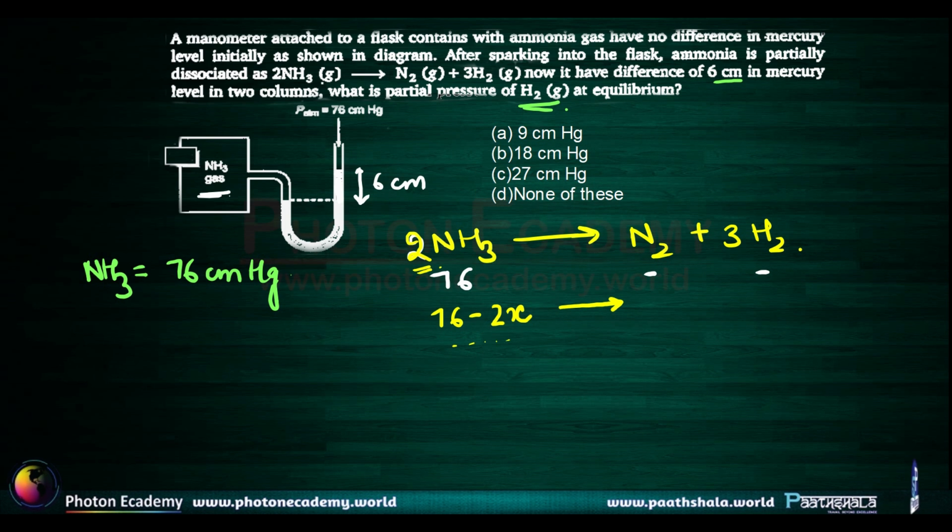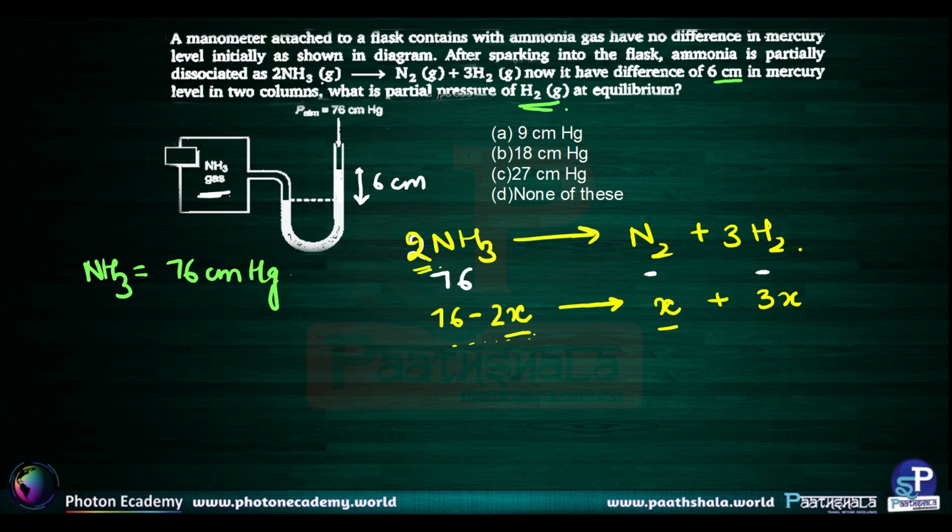So if ammonia is dissociated, 76 minus 2x ammonia remains. For 2 moles dissociation of ammonia, 1 mole of N2 is formed, which implies for 2x moles of dissociation, x moles of N2 would be formed and 3x moles of hydrogen would be formed.